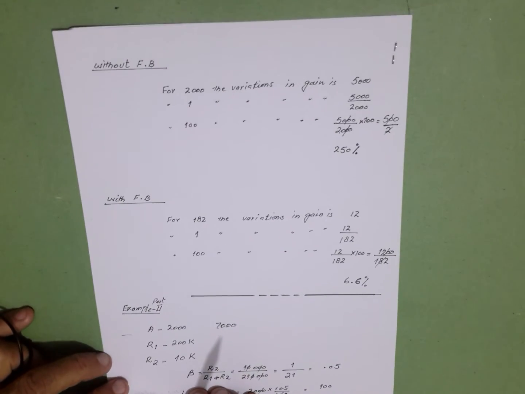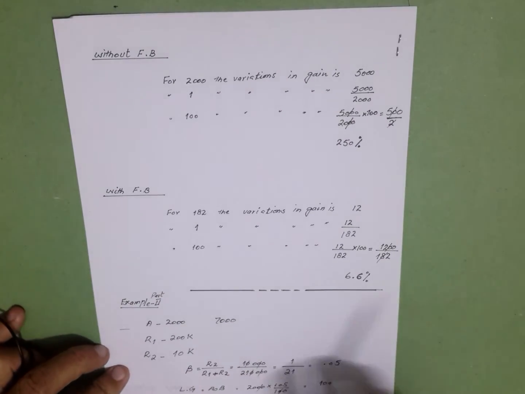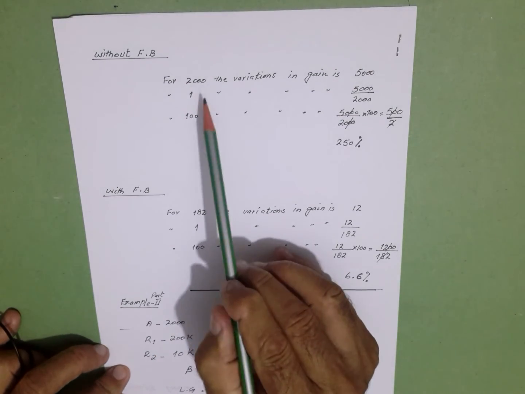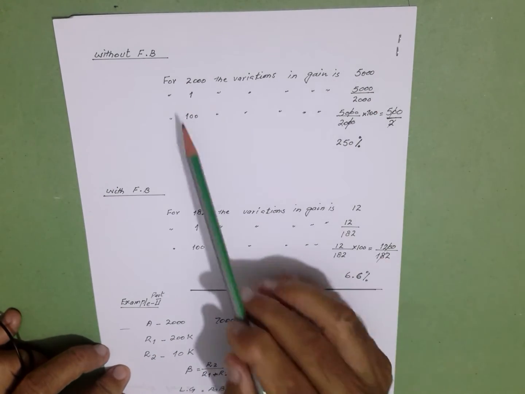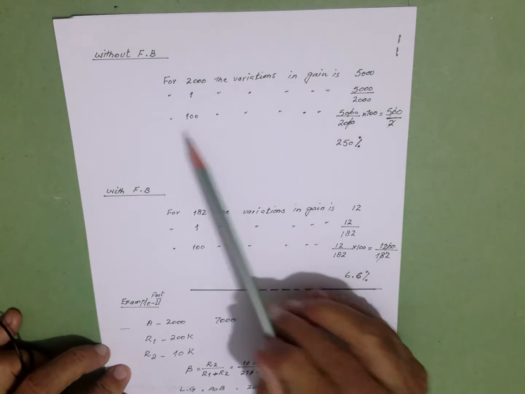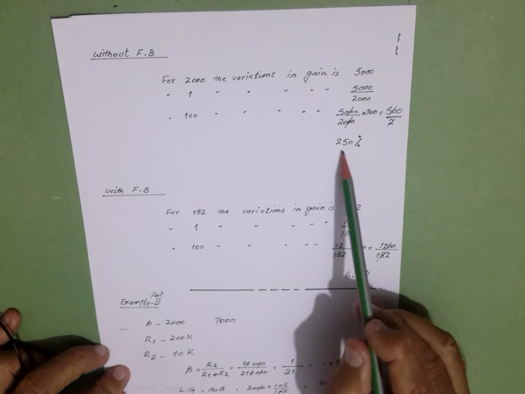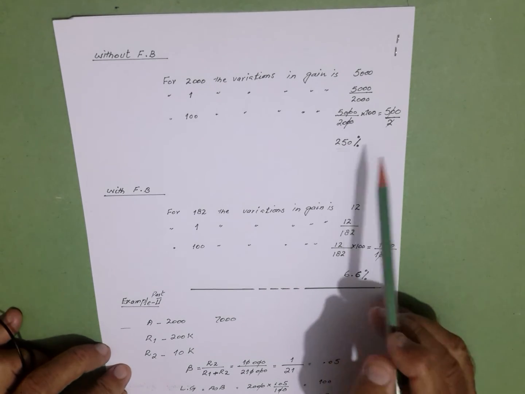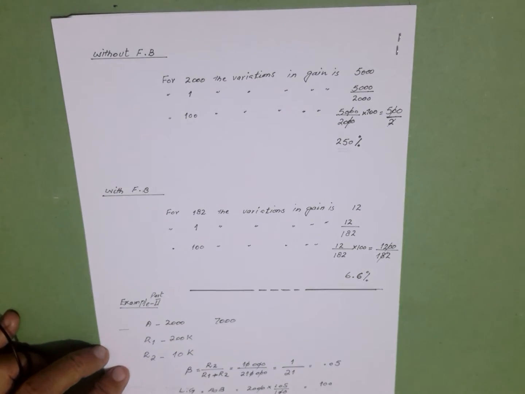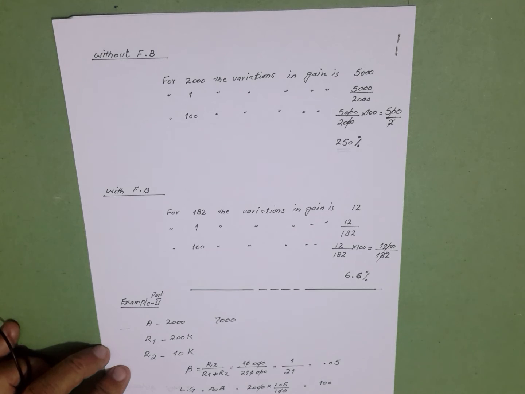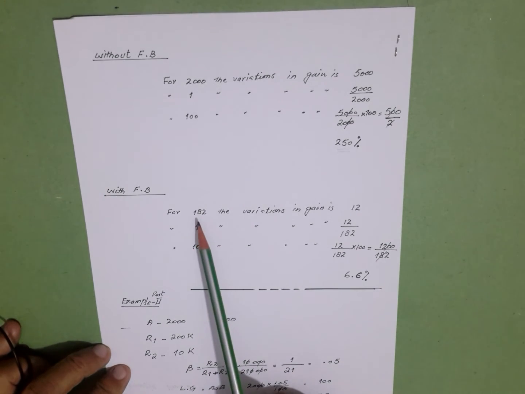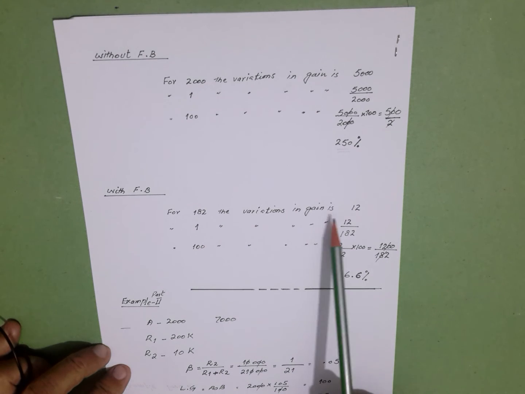Without feedback, for 2000 the variation in gain is 5000. For 1 it is 5000 over 2000. For 100 it is this, the zeros cancel, and it comes out to 250% variation when we are not giving feedback. And once we have given feedback, the variation in gain for 182 is 12.